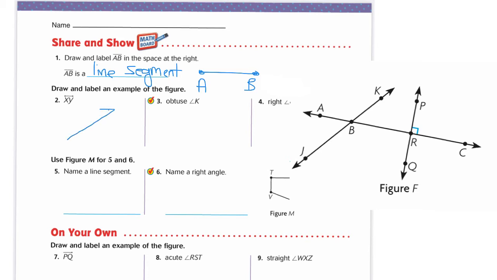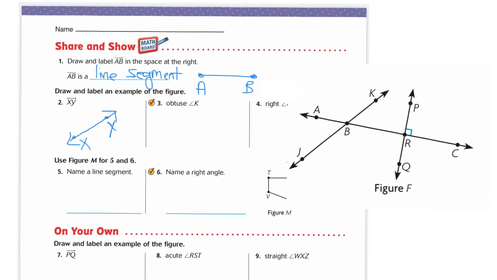My line, I have to make sure I have the arrows on both ends. So it might be X, Y. You can choose whatever direction you want yours to go in. Sorry, this should be a Y here. Looks kind of like an X, sorry.